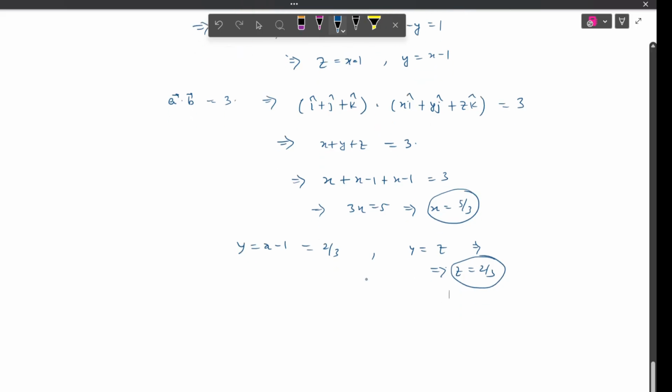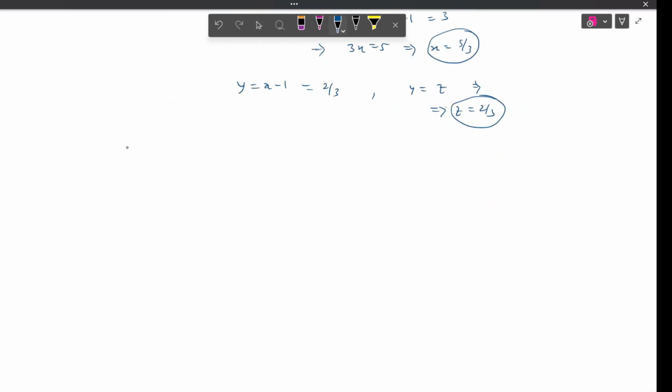Now we find out the v vector as 5 by 3 i cap plus 2 by 3 j cap plus 2 by 3 k cap. This is the vector that is required. Okay.